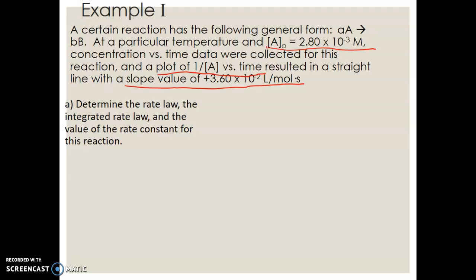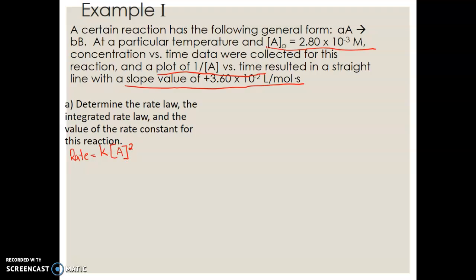So the first thing says to determine the rate law, the integrated rate law, and the value of the rate constant for this reaction. So the rate law is going to be rate equals K times the concentration of our reactant, which is A, and since it is second order, that is squared.